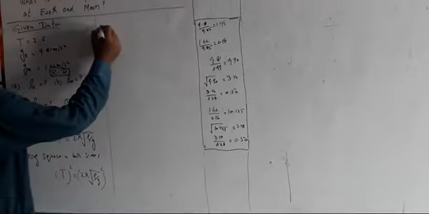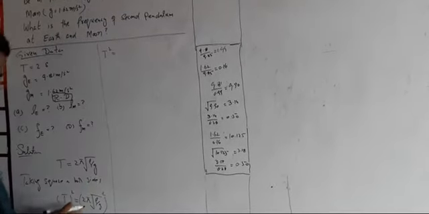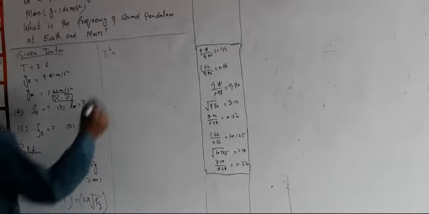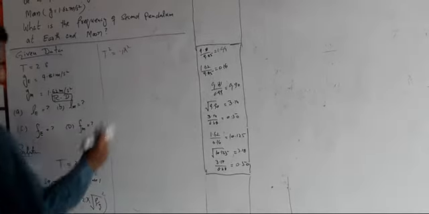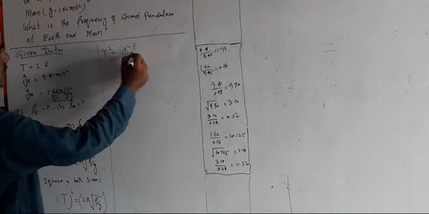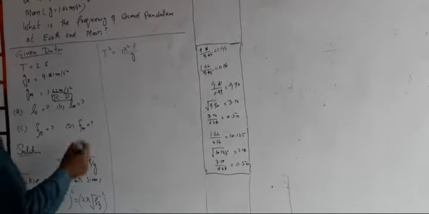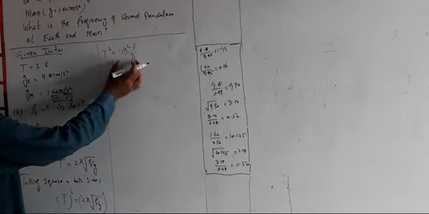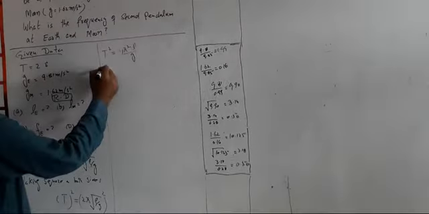So it will become T square equal to, taking square of 2 pi, it will give 4 pi square, while taking square of square root L by g, it will eliminate the square root, so it will become L by g. Now multiply both sides by g.